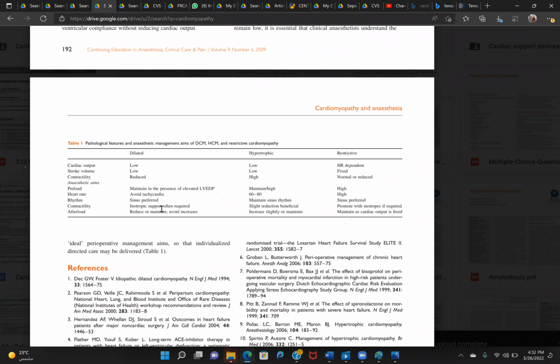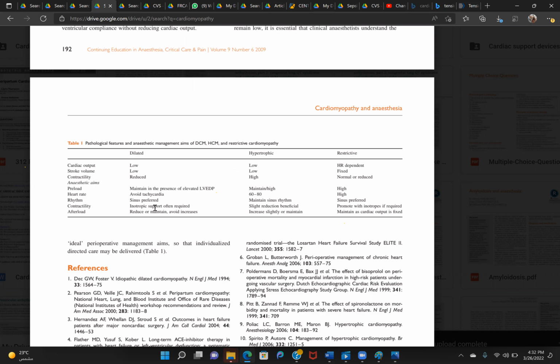Maintain sinus rhythm; inotrope support is often required. Here you have to use inotropes. And here you don't let the afterload increase. You have to maintain it or keep it slightly on the lower side. That's what we do in heart failure treatment, that we give vasodilators to support the cardiovascular system.